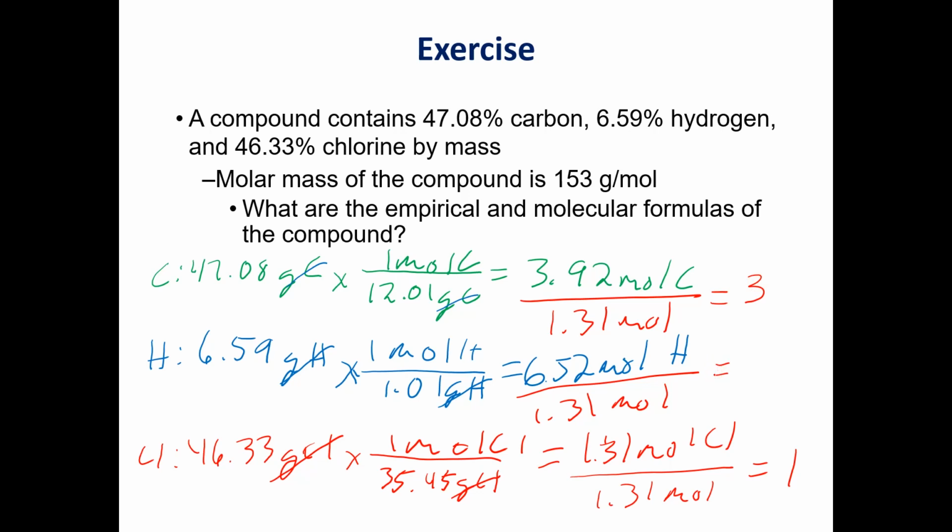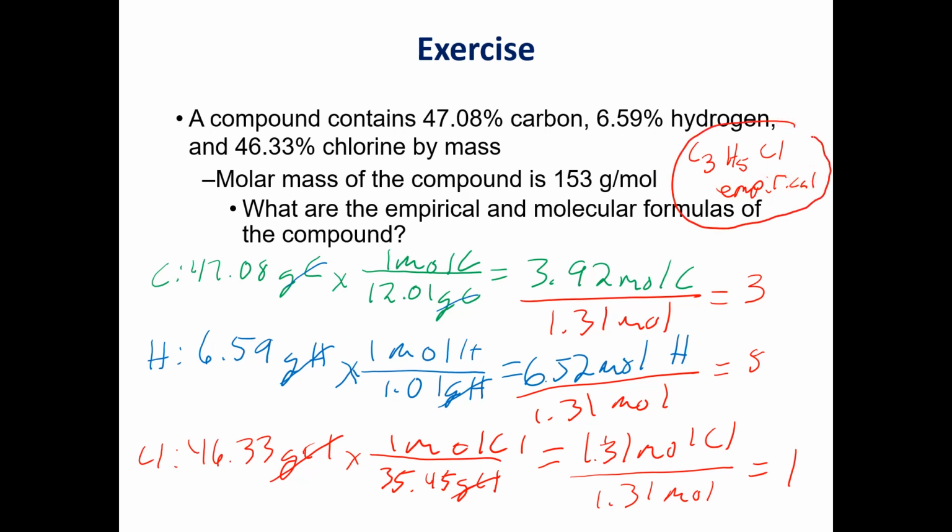And 6.52 divided by 1.31 comes out to 5. So that gives us an empirical formula of C3H5Cl. That's our empirical formula.